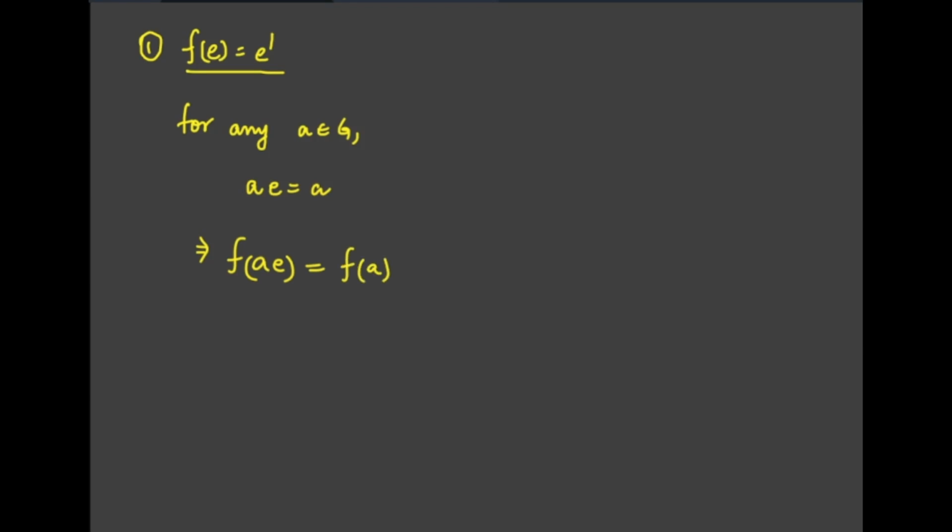But since f is a homomorphism, this is the same as saying f(a)f(e) = f(a). Right? And now by cancellation law, f(e) = e', because e' is the identity element of the codomain group. So we have shown that f(e) = e', right?